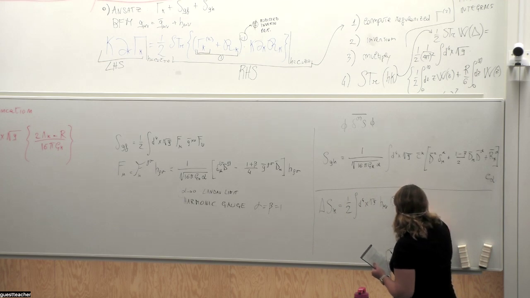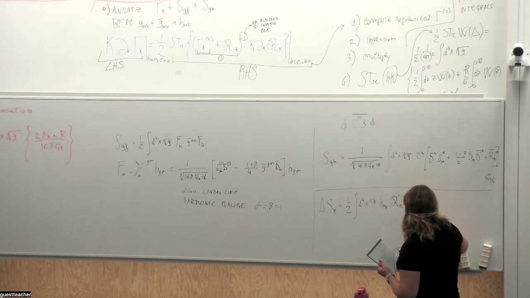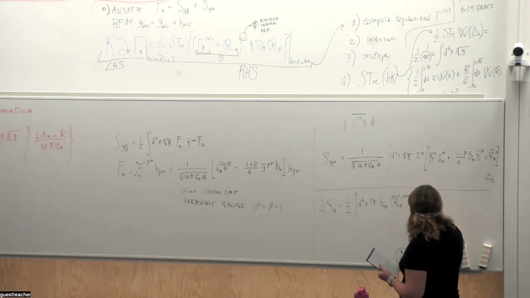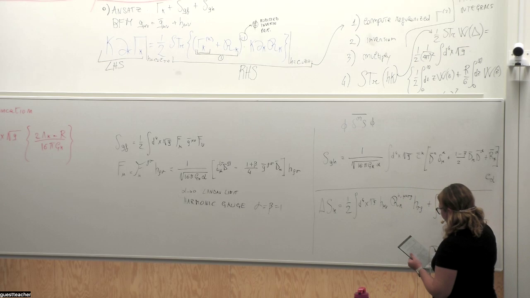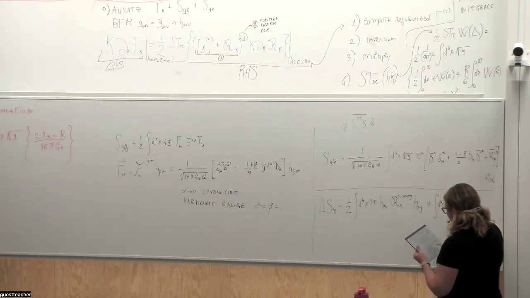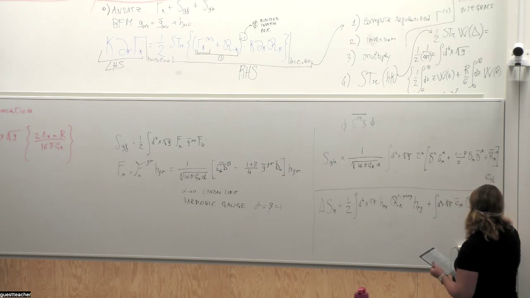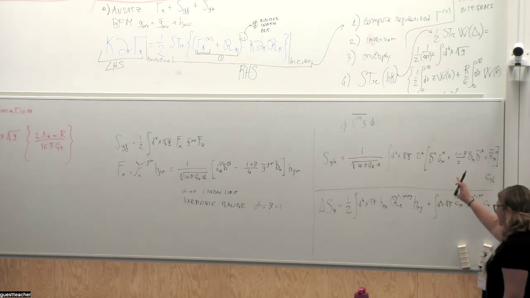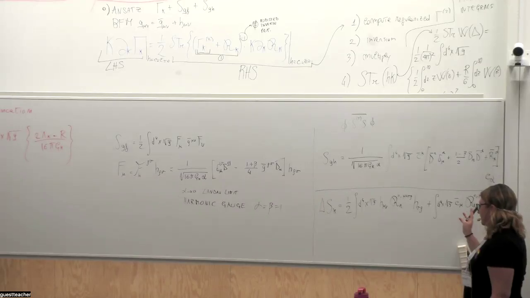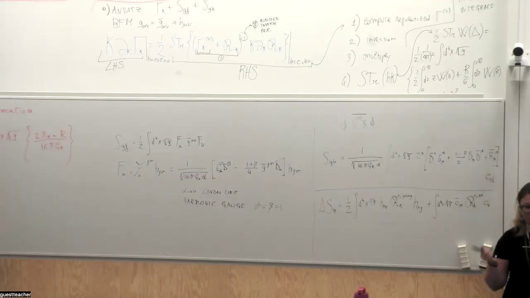So for the graviton, it is mu nu sigma rho, and here we have h sigma rho, and something similar for the ghost part of the action. Here we have C bar mu, and R_k for the ghost, mu nu, and C. And now we have essentially everything that goes inside the effective average action.